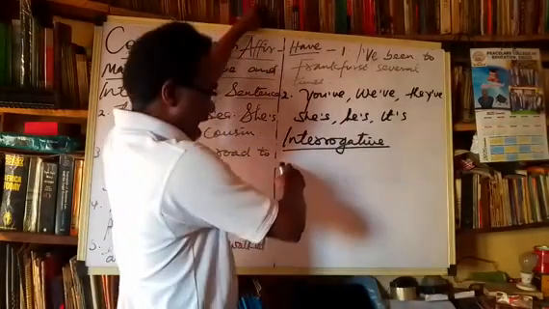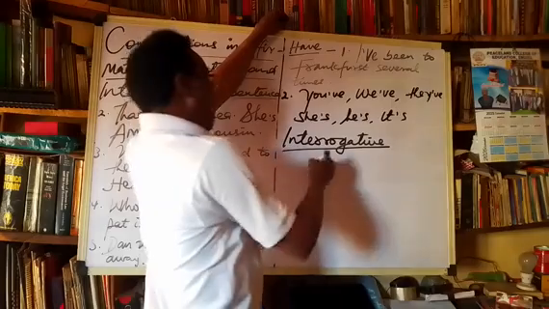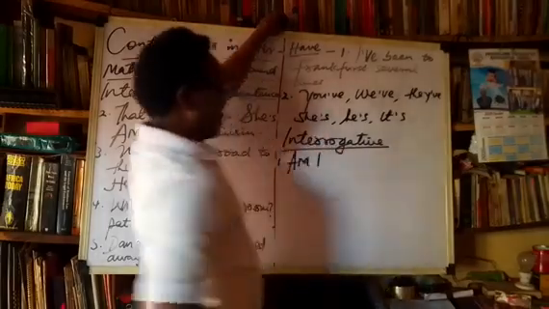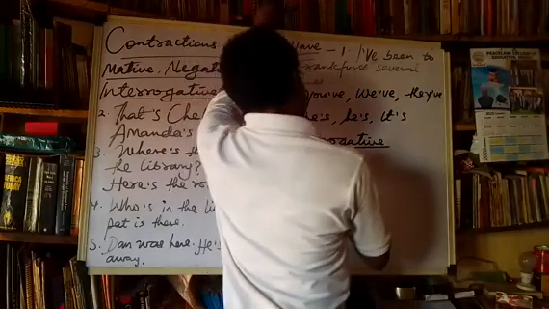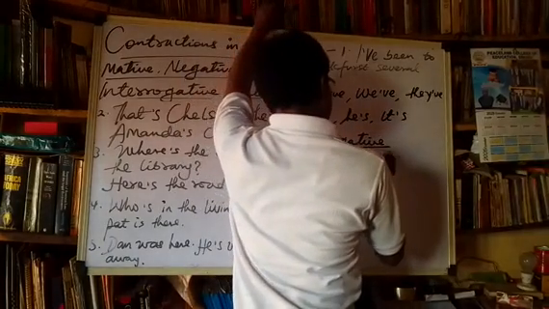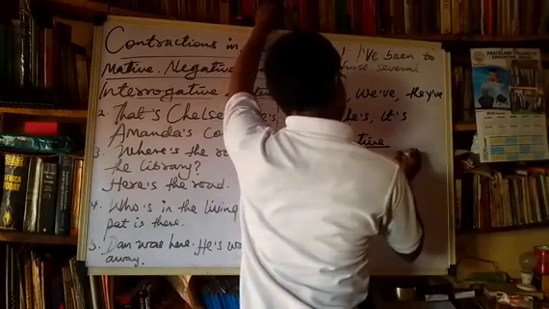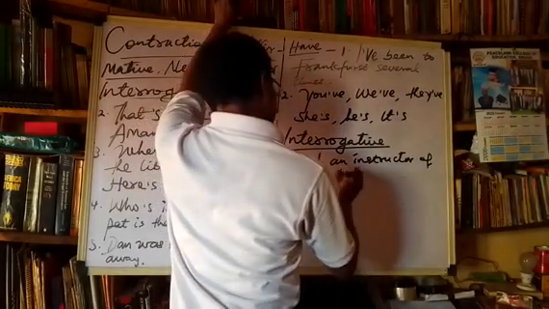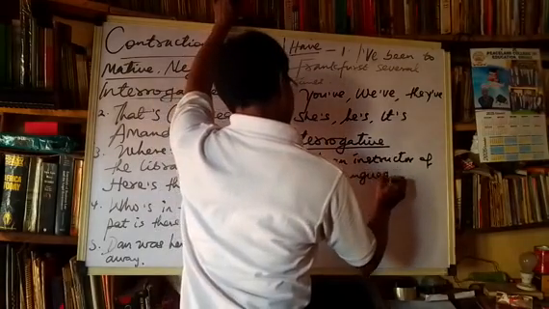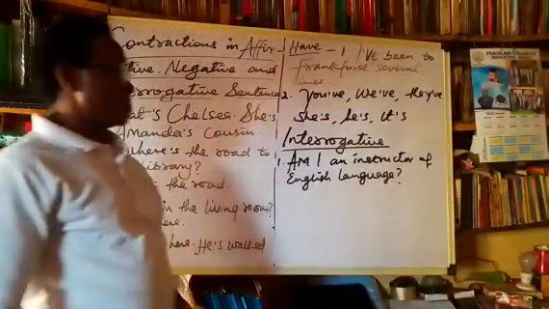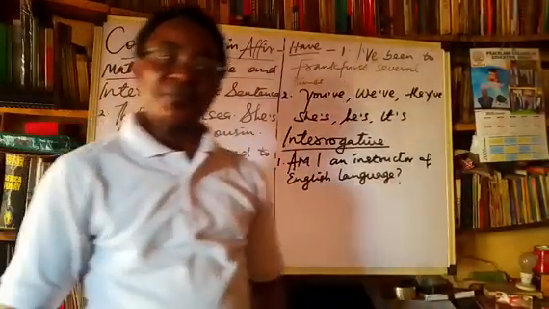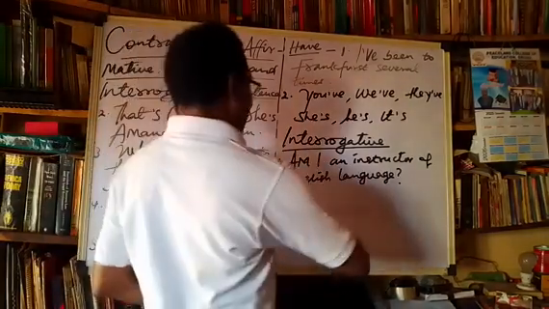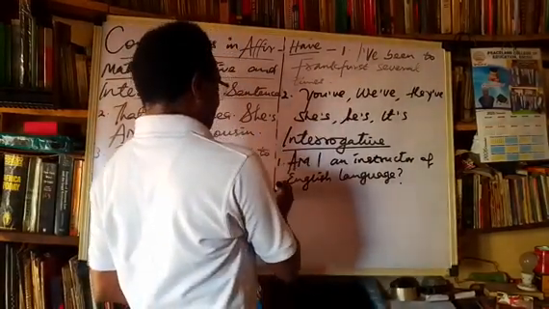So if I say I am, that is affirmative. But if I say am I, then that becomes interrogative. Am I an instructor of English language? Then the interrogative must end with a question mark. The interrogative can also have a negative form.